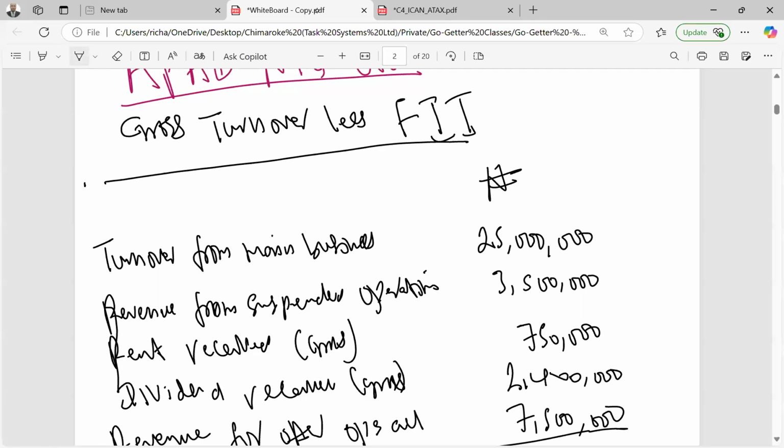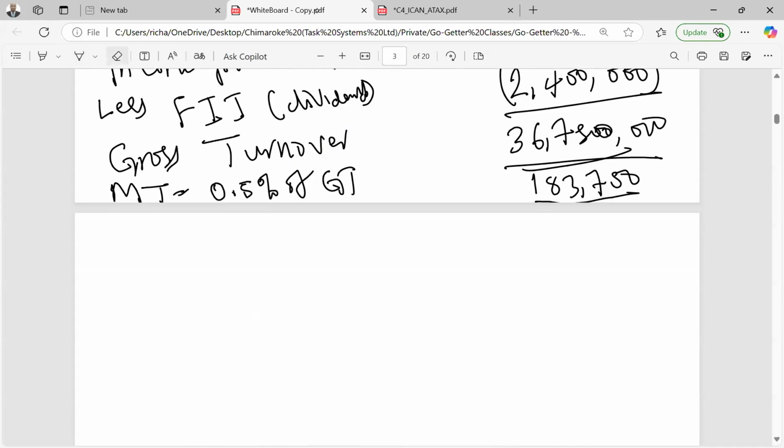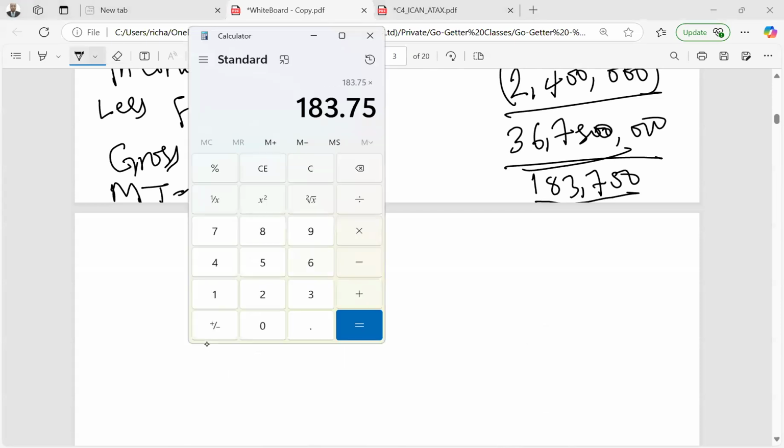Okay, let me use the basis of assessment. Years of assessment 2021. I failed to put that. So I'll change this now to 0.25. All I'll need to do in my previous calculation is just to divide this by 2 to meet the requirement.